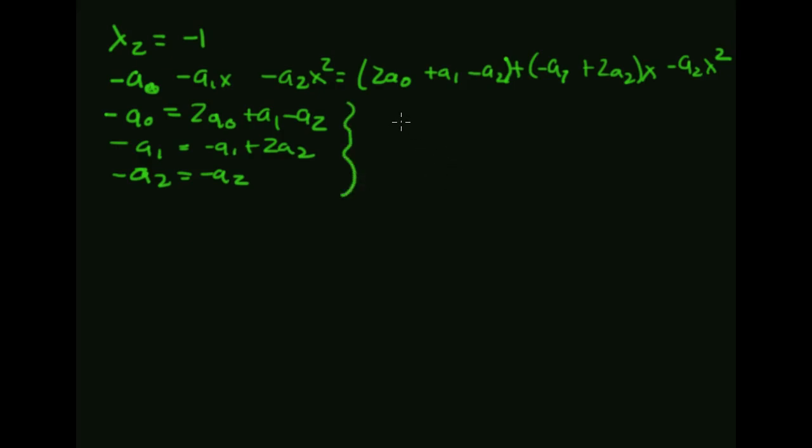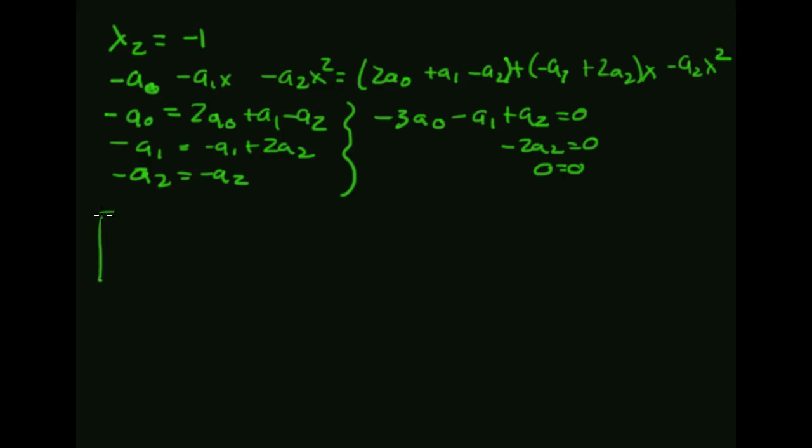So this is going to yield negative 3a0 minus a1 plus a2 is 0. The second one just becomes negative 2a2 is 0. And the last one becomes 0 equals 0.